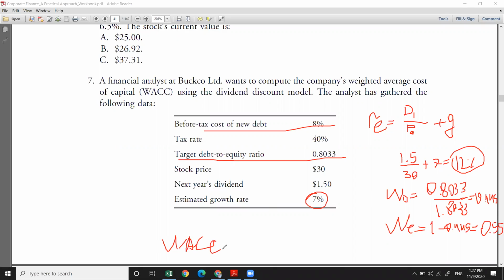Weighted average cost of capital. So if you substitute, the proportion of the debt is 0.445 times 8%, and it should be adjusted to the tax, 1 minus 0.40, the tax rate, and plus proportion of the equity, 0.55 times the cost of equity, which is 12%.